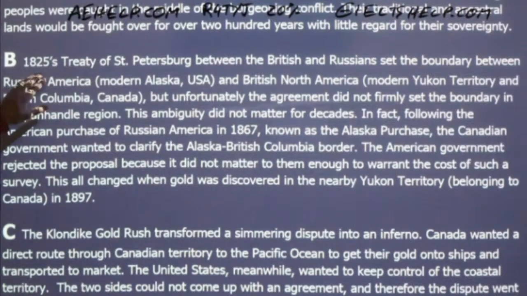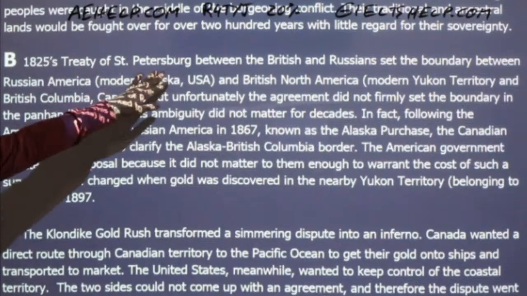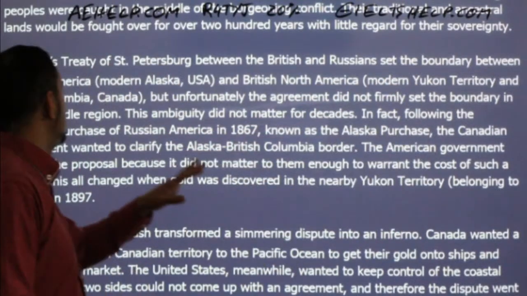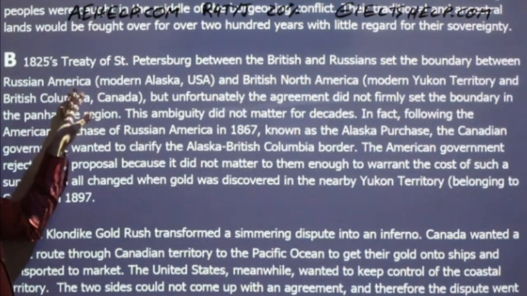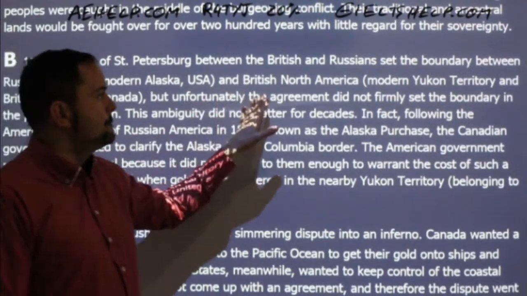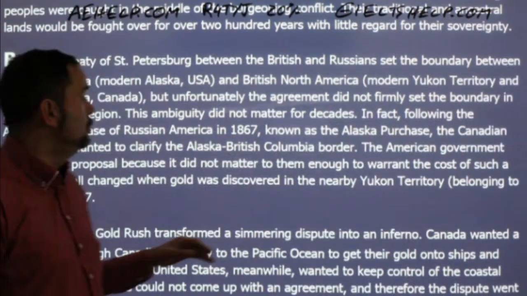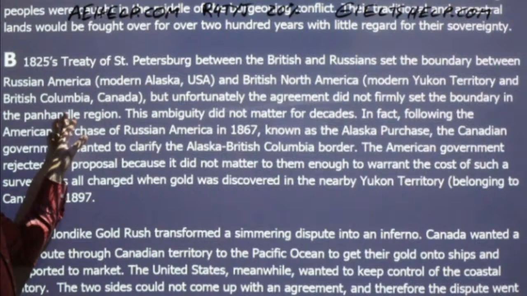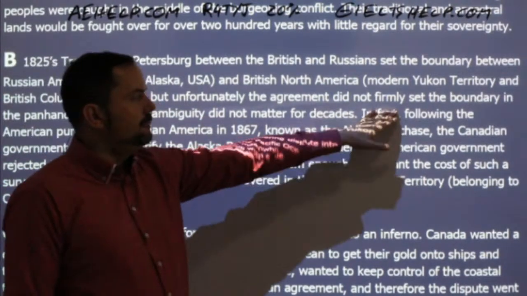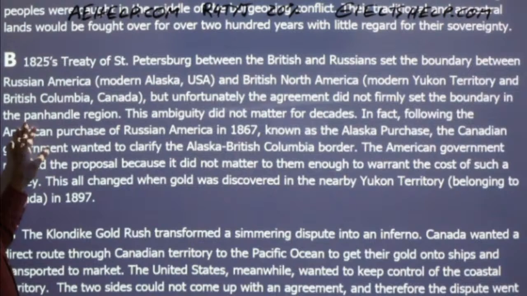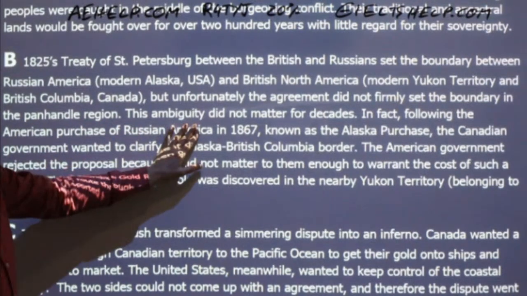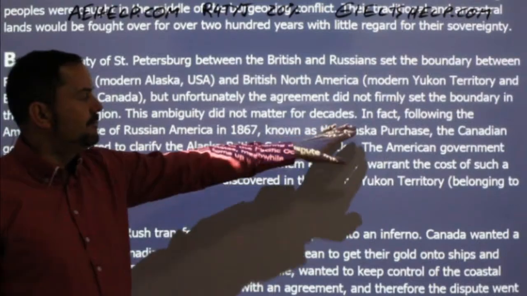From the top: 1825's Treaty of St. Petersburg between the British and Russians set the boundary between Russian America, modern Alaska, USA, and British North America, modern Yukon Territory and British Columbia, Canada. But unfortunately, the agreement did not firmly set the boundary in the Panhandle region. This ambiguity did not matter for decades.